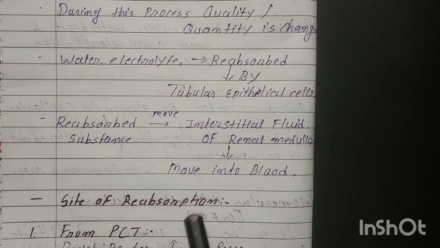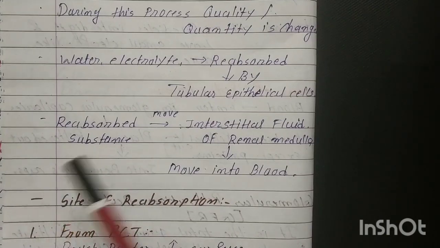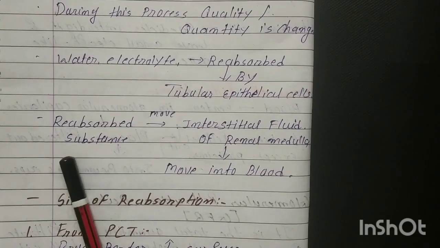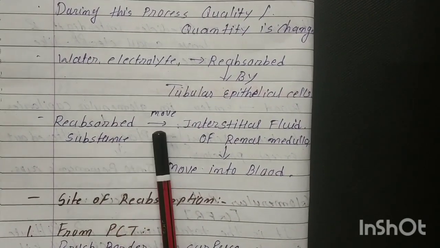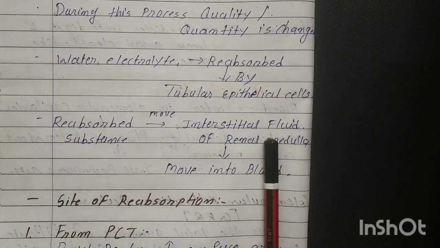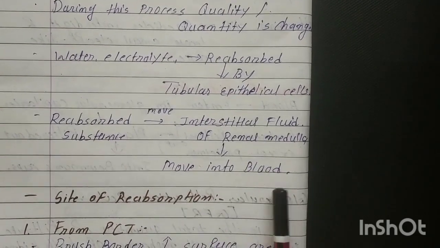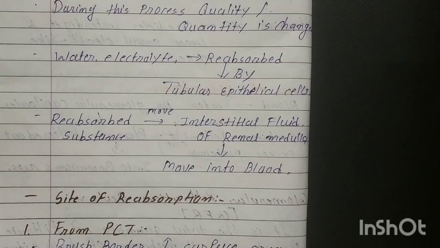Interstitial fluid means the space and the fluid between two cells, particularly in the renal medulla. The reabsorbed substances move into the interstitial fluid of the renal medulla, then into the blood, then into the general circulation, and the need of water, electrolytes and other substances is fulfilled.